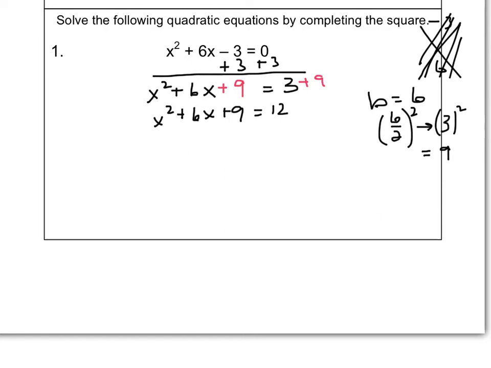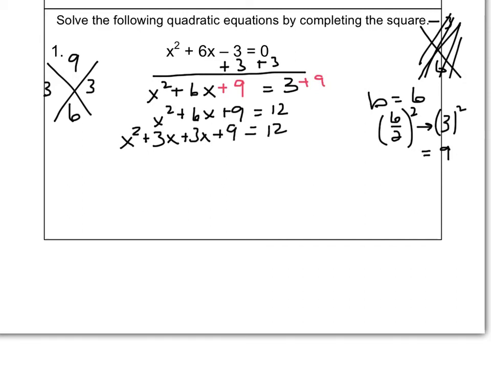Okay, so as I look at this, what are the factors? Now I have a trinomial here that's factorable. So what are the factors of 9 that add to 6? The factors of 9 that add to 6 are 3 and 3. So now I'm going to replace the middle term. x squared plus 3x plus 3x plus 9 is going to equal 12.